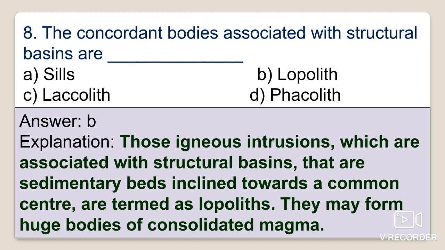Lopolith can be defined as a saucer shaped concordant igneous rock body which is bent downwards into a basin like shape, and in diameter it's usually 10 to 20 times its thickness, and thus lopoliths are very much larger than laccoliths.